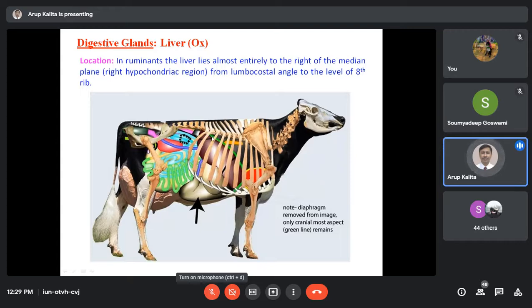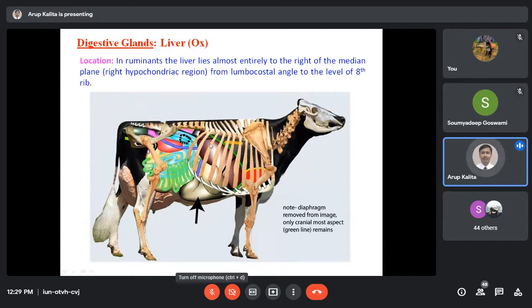If the liver is not attached to anything, then this part will fall down, isn't it? By gravitational force, it will fall down. So it cannot remain like this unless it is attached to something.